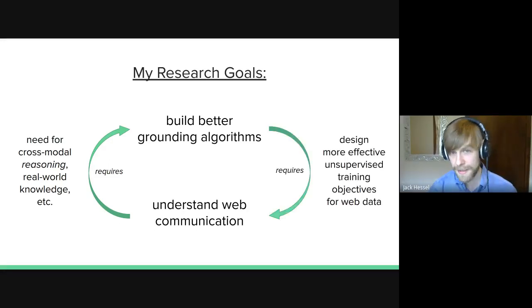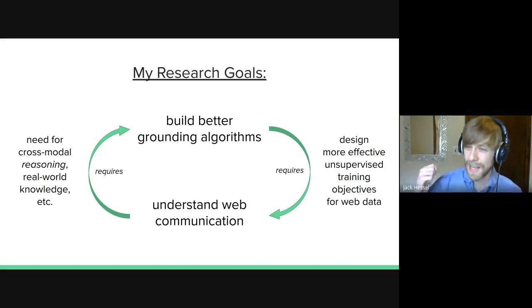Conversely, because web data seems to be quite effective at achieving state-of-the-art numbers on different performance benchmarks, in order to build these algorithms we're going to need to honestly reckon with the fact that web communication is its own sort of beast.